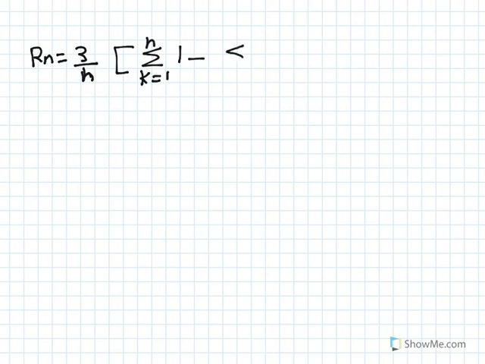All right, so what we have is Rn is equal to 3 over n, summation 1, k goes from 1 to n, minus summation, k goes from 1 to n, 6k over n.